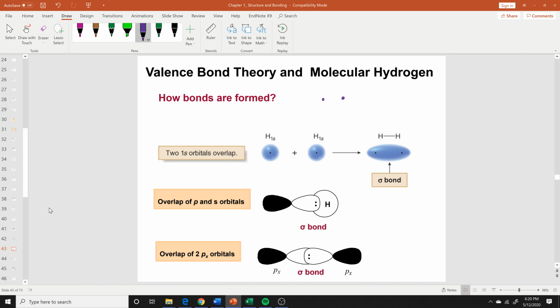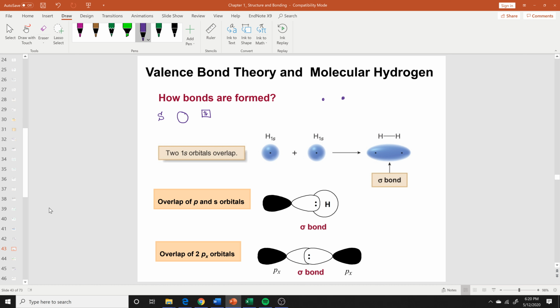One thing that I forgot to mention: the s orbital is circular in shape. The s orbital is a subshell that has a capacity of 2 electrons. And normally the s orbital is circular in shape.